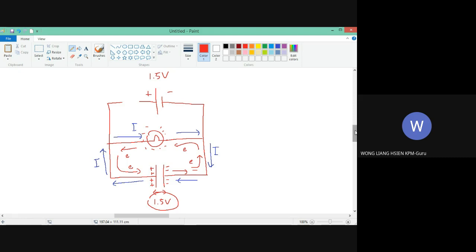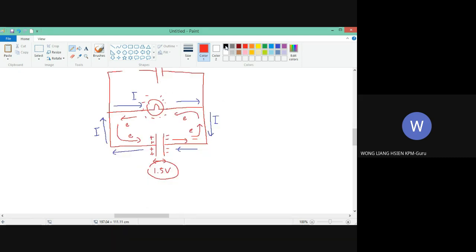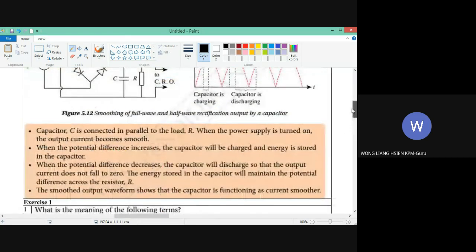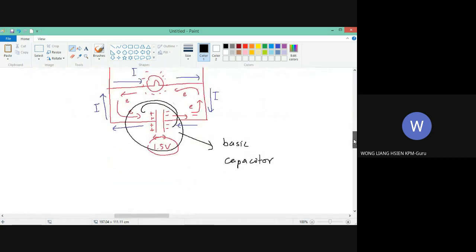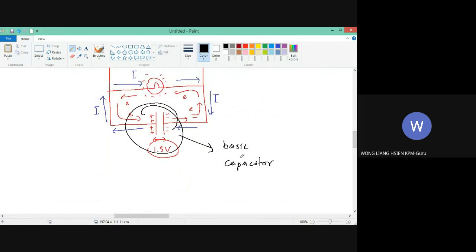So these two metal plates are the basic form of a capacitor. Why? The capacitor is basically a device that can store charge.